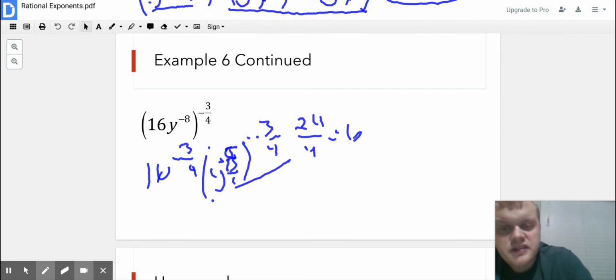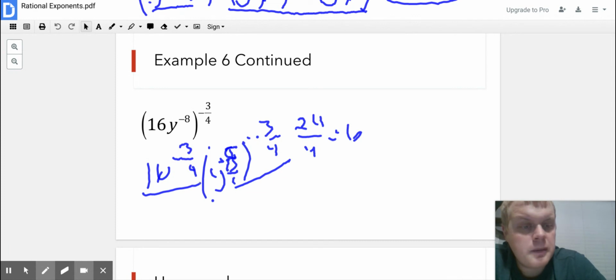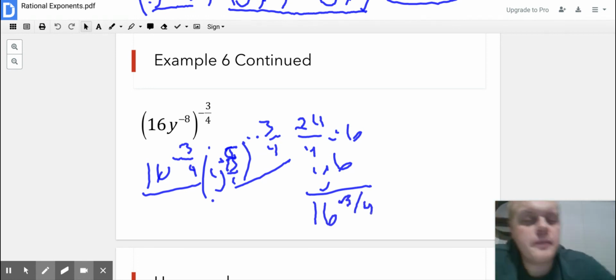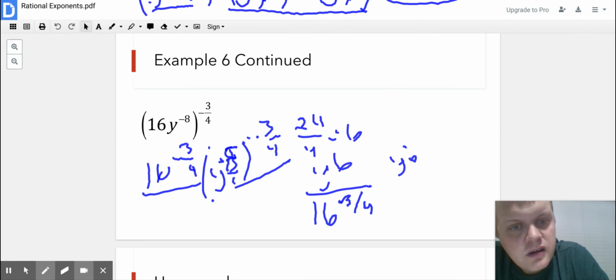So I have 16. So since that has a negative exponent here, I'm going to move it to the bottom. So I have y to the 6th over 16 to the 3 over 4. Rewrite that in radical form. So we have y to the 6th on top.